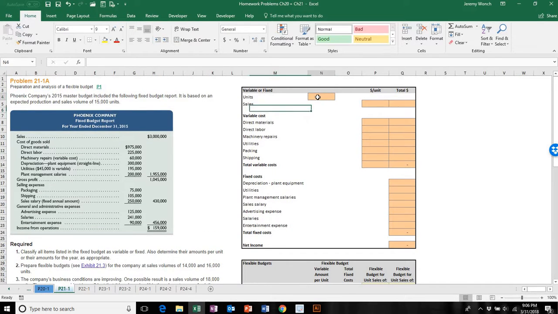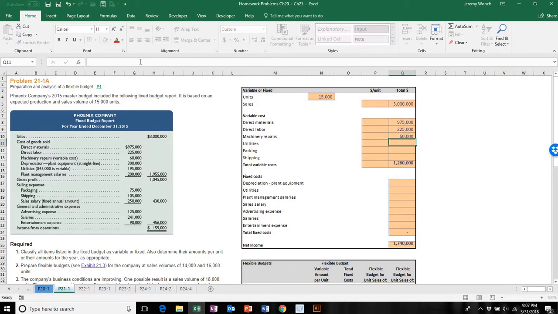So up here, let's start off with our number of units. Our projected units sold is 15,000. And then to start off with, let's just go ahead and enter our total cost. We'll do that here in column Q. So 3 million of sales, 975 of direct materials. Direct labor is 225.